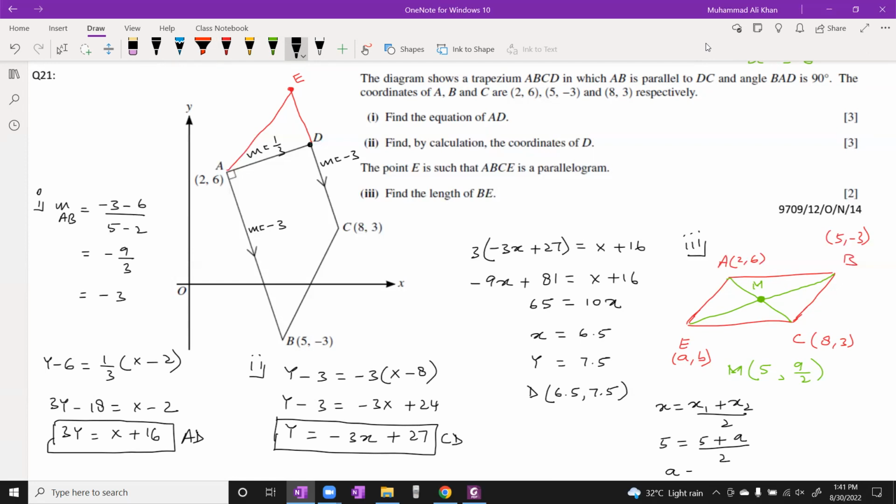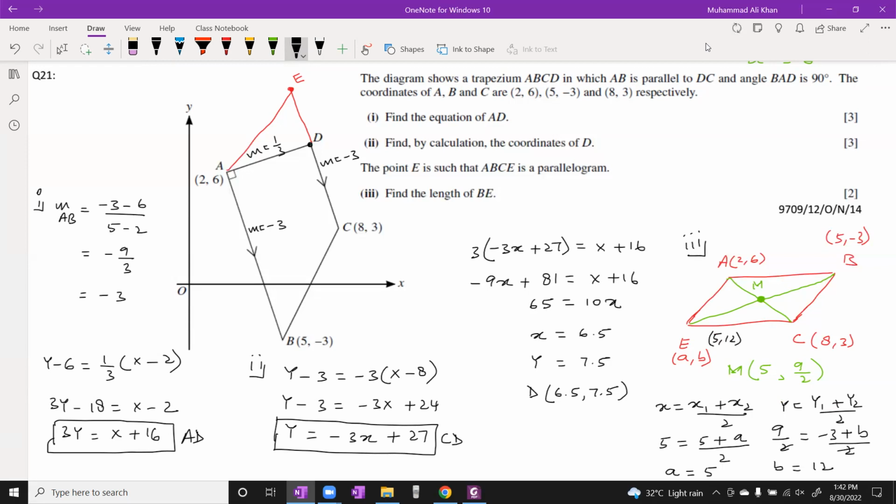What is the value of a? The value of a is 5. Now y equals (y1 plus y2) by 2. What is y? 9/2. What is y1? -3. What is y2? b divided by 2. 2 and 2 cancel out. What is the value of b? 12. The coordinates of E are 5, 12.